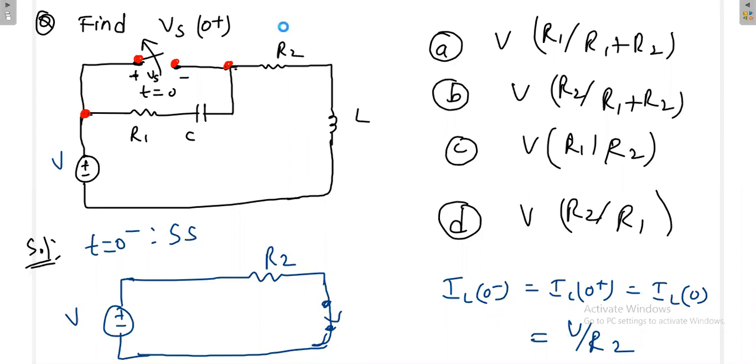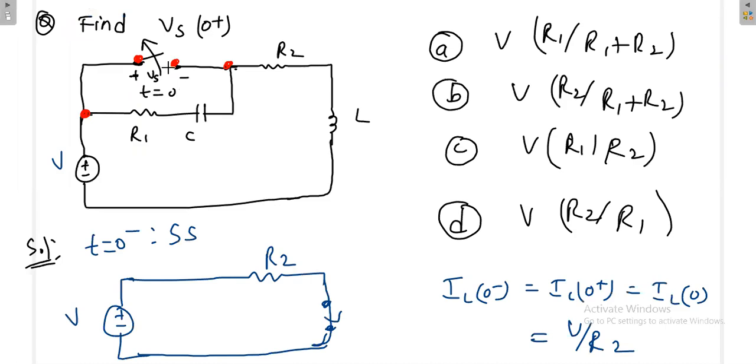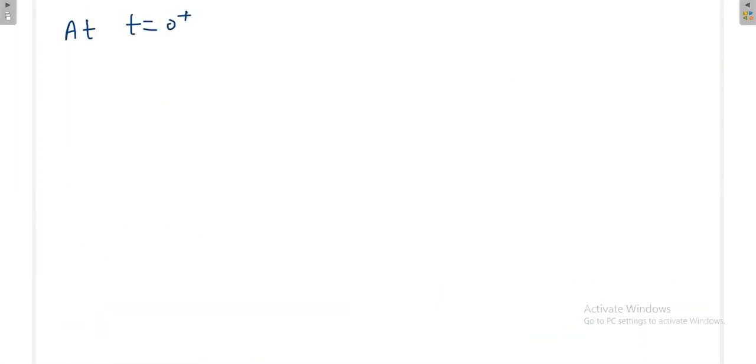Then what is happening at t equal to 0 plus, just after the switching? The moment I operate it, you are opening that switch, and the state of the diagram will be like this. Already some resistance is there.